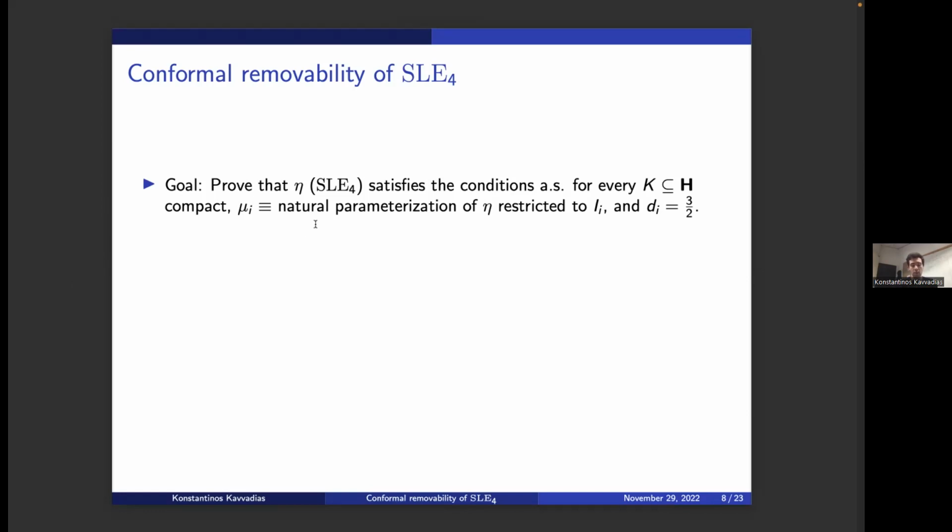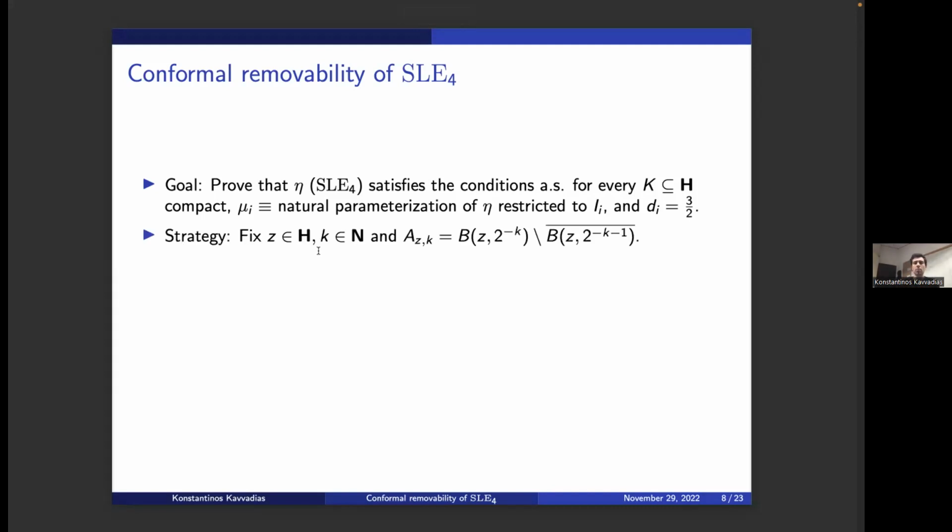So here, the goal is to prove that SLE4 satisfies this condition almost surely for every compact set, where the μ_j's are the natural parameterization restricted to the corresponding intervals, to the corresponding segments I_j's. And here the d_j's are equal to the Hausdorff dimension of SLE4, which is equal to 3/2.